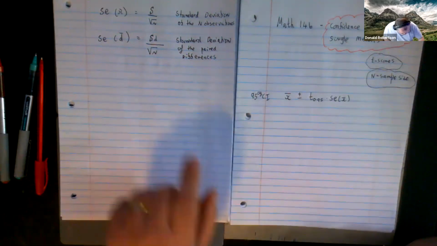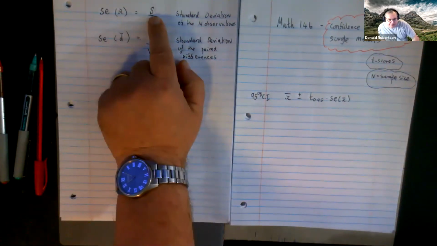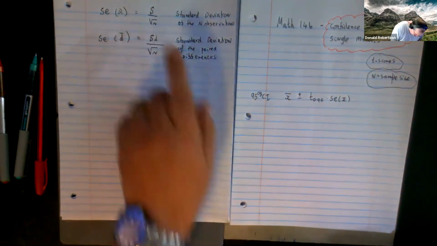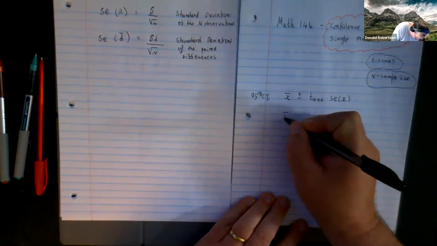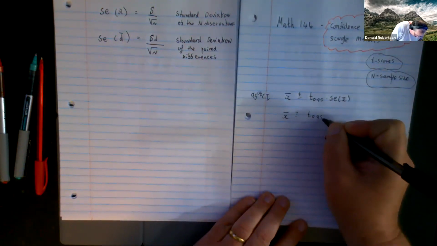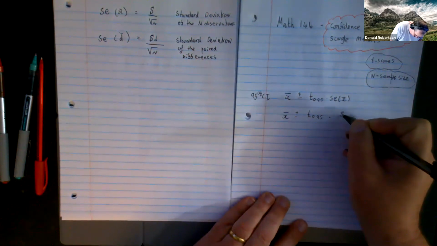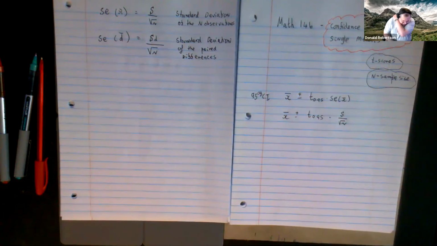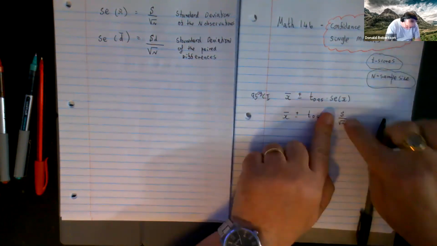And the formula for the standard error is just the standard deviation of the sample divided by the square root of n. So this formula would look something like this now. Not really too bad, right? This takes the place, right?